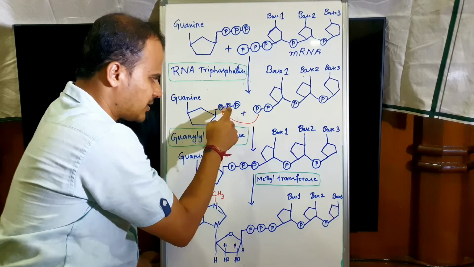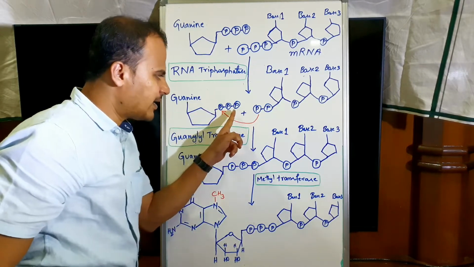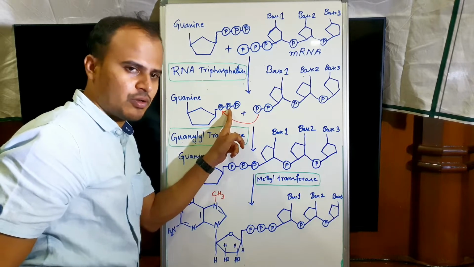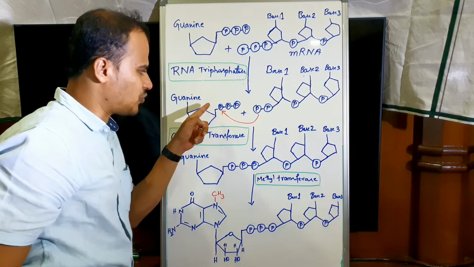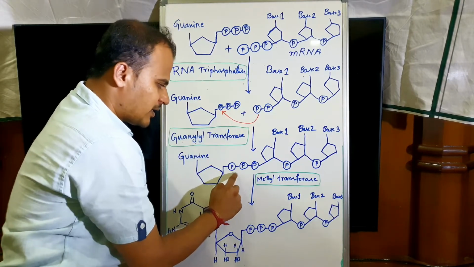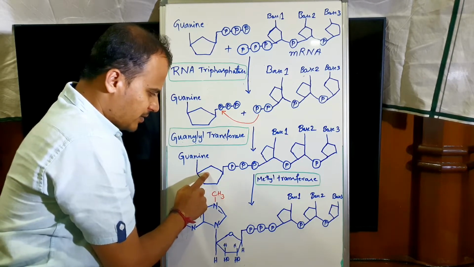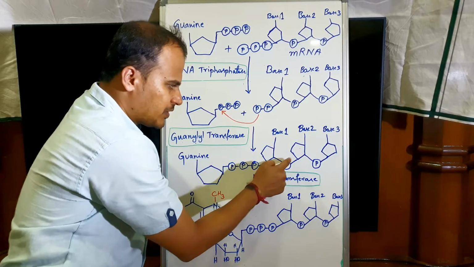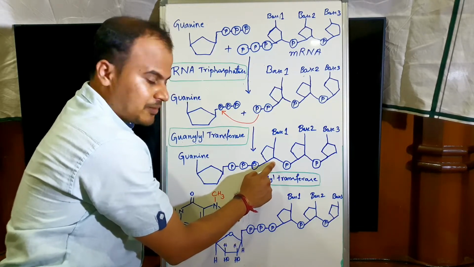So during this process, you can see that the beta and gamma phosphates have been removed from the guanosine triphosphate, which results in the formation of the triphosphate bridge between the guanosine and the first nucleotide of the mRNA.